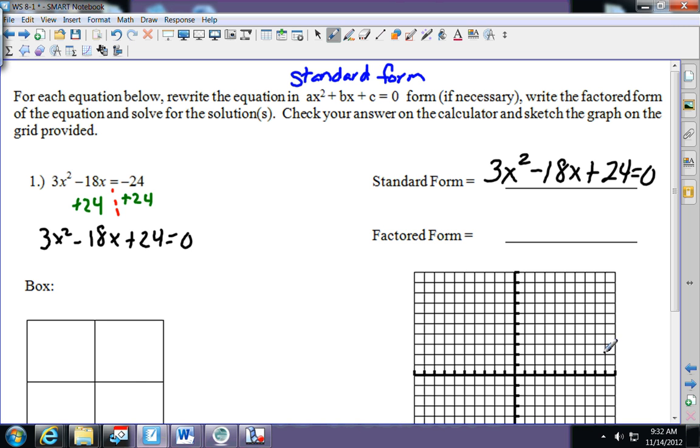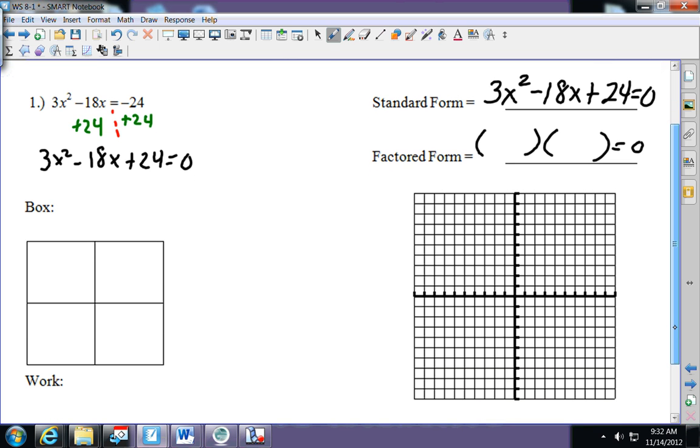Now we have to find it in factored form. So that means we're going to have our parentheses equaling 0. We've got to go over to the box. First, to be able to factor it, you have to see if there's a GCF. What is the GCF in those three numbers? A 3. So I'm going to pull out a 3.